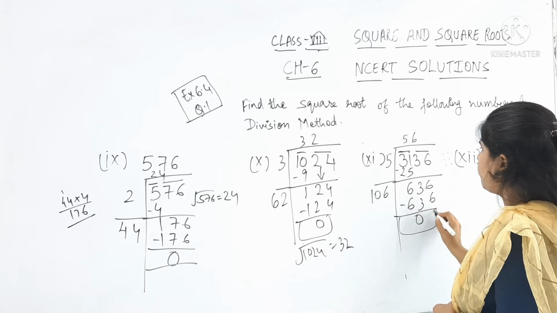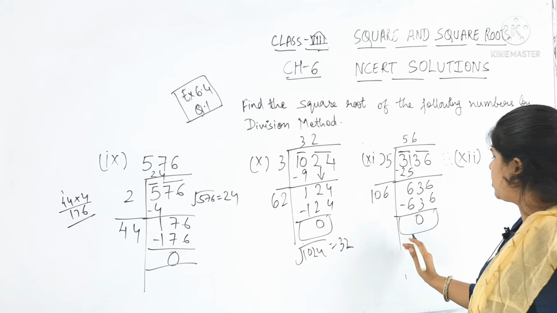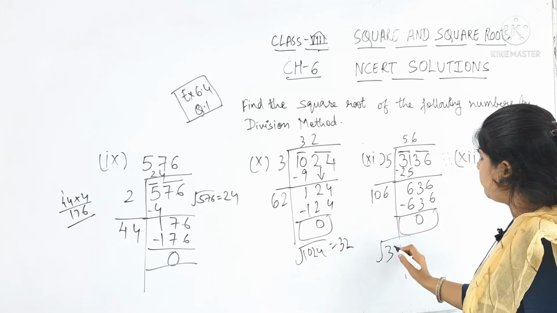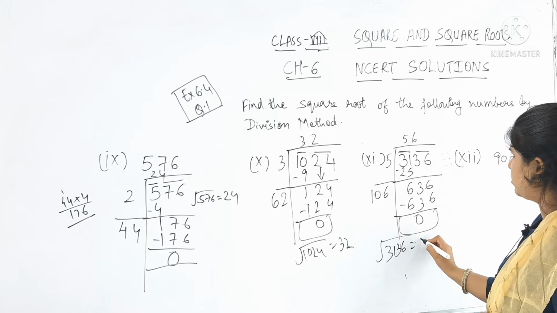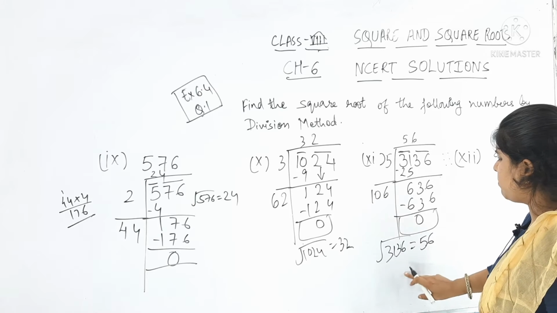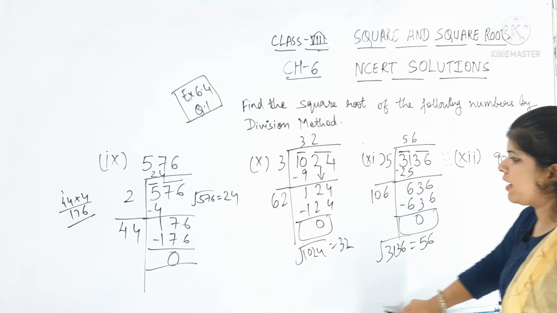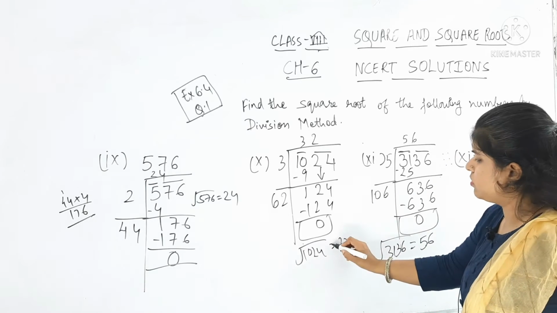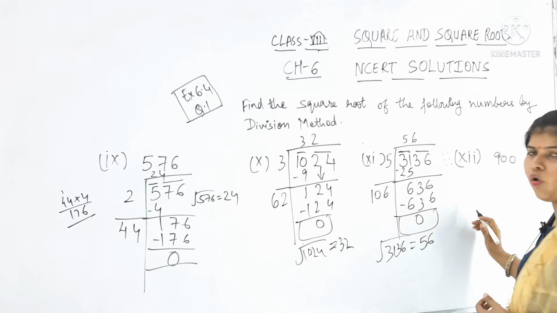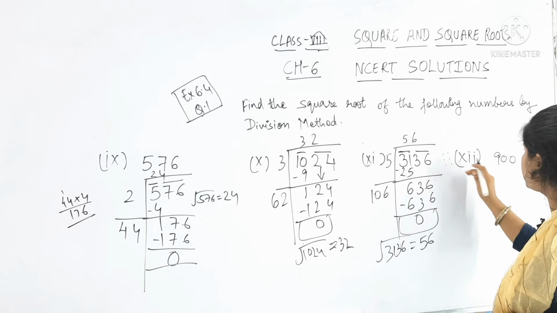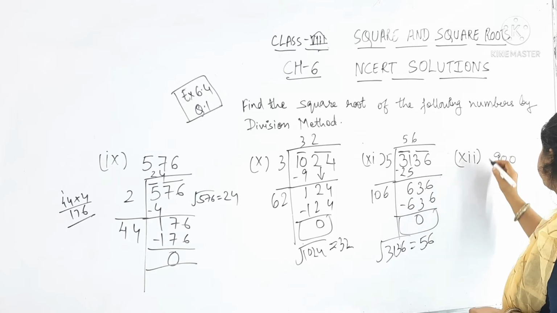Okay. So what I am getting here? 56. The square root of 3136 equals 56. You can practice it. Okay. By practicing you can easily solve and your solving is also fast by practice.